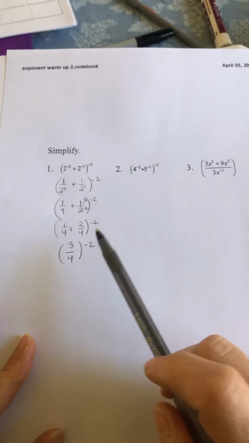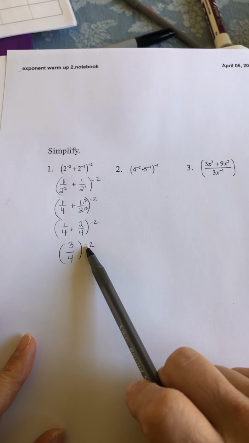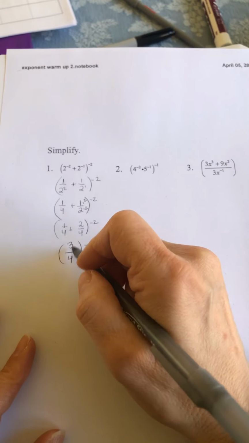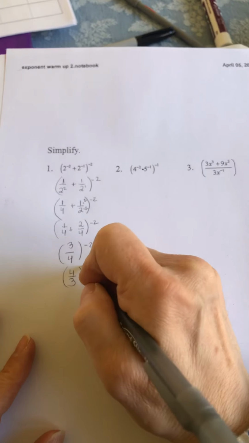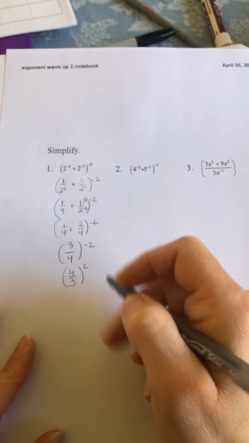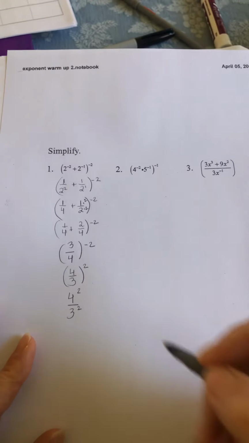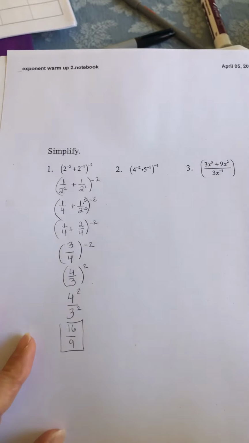So hopefully what we remember from the laws of exponents, when you have a negative exponent, you can take the reciprocal of the base. So the reciprocal of 3 over 4 is 4 over 3. And we change that exponent to a positive value. So really what we have here is 4 squared divided by 3 squared, or 16 over 9. And now this problem is done.